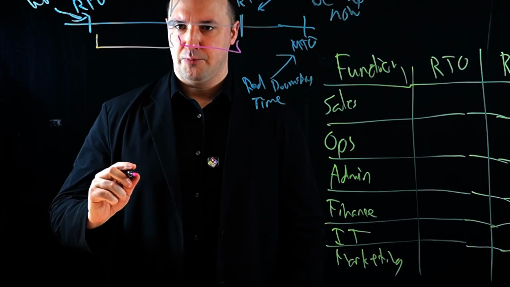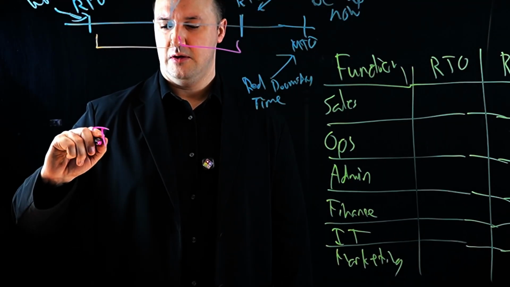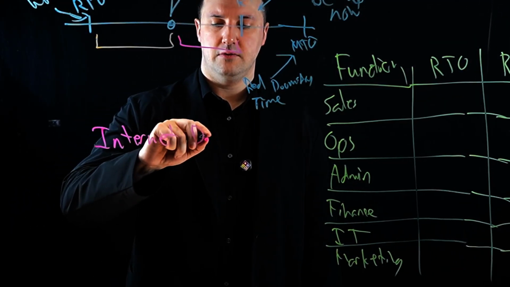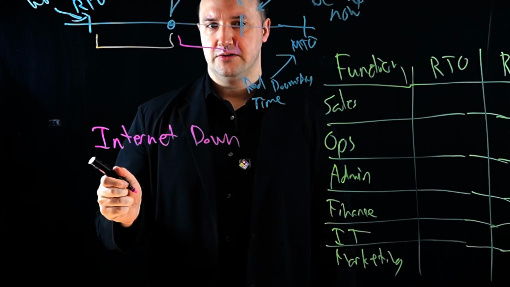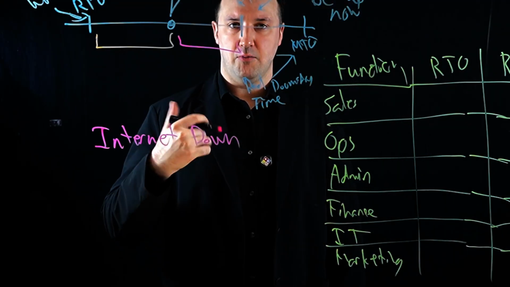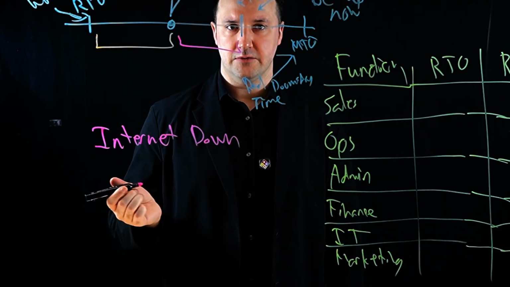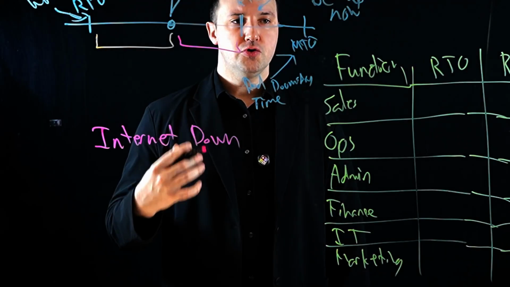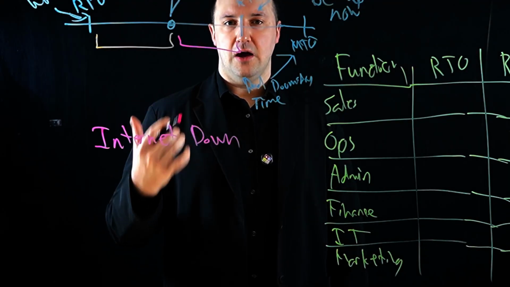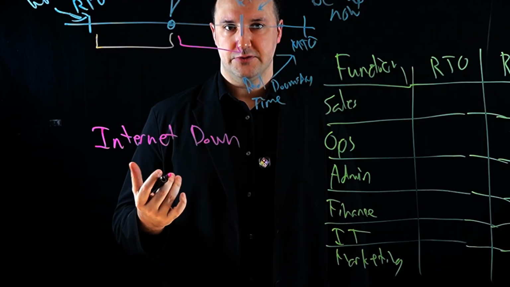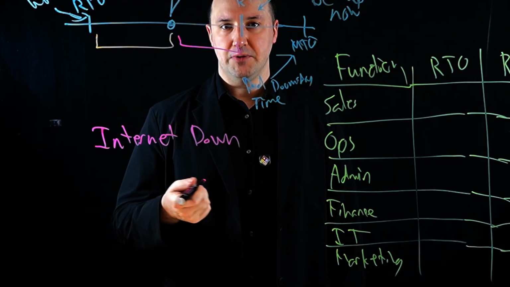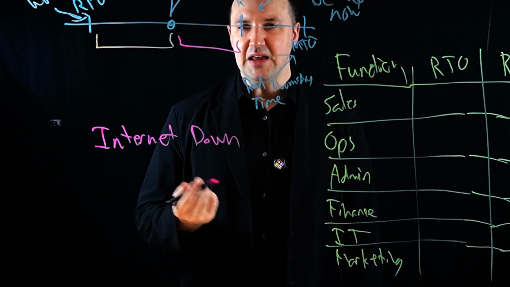So let's say we have the problem of internet down. So our internet is down, and we want to get it back up at different times. If my internet's down and I want to get back up and running, it could be down because of lack of computers, whatever. You could adopt a strategy of wait it out and buy new computers, so have nothing in place, and you could probably solve internet down and rebuild most systems in a month.